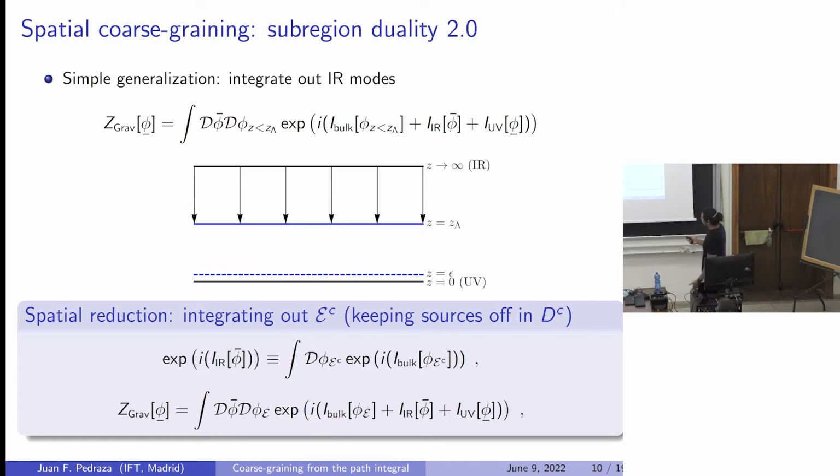So the simple way to generalize this is to split the partition function in the same way, but let me now integrate over IR. You can do it, and then you get a path integral over this portion of the manifold, supplemented by some infrared action at this interface.